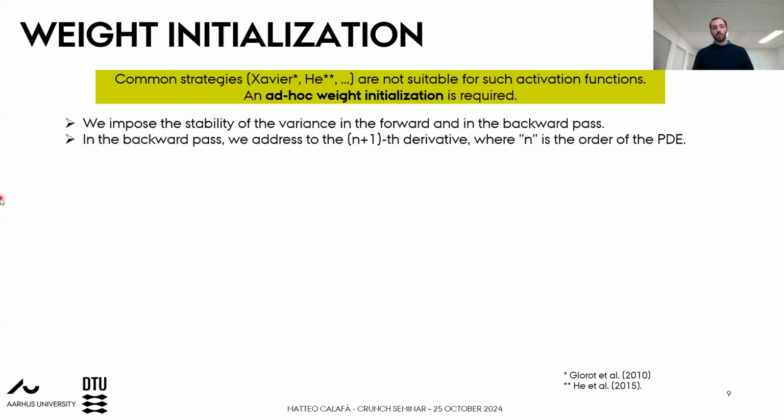When one evaluates the backpropagation, one has to evaluate the first order derivatives of the loss function. But the loss function is in general a function of all derivatives up to order n. And therefore, in the end, we get something that combines many derivatives up to order n+1. So this is another important step that we wanted to supply to our criterion. Obviously, calculations and mathematics become quite challenging, but we restrict to this choice for our activation function. We restrict to the exponential activation function.